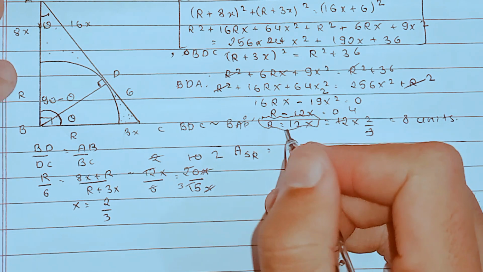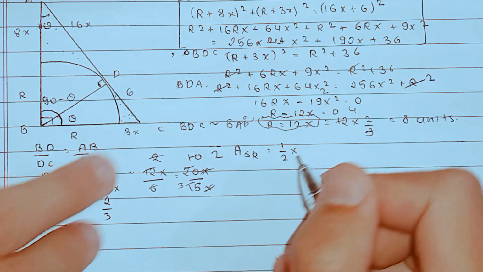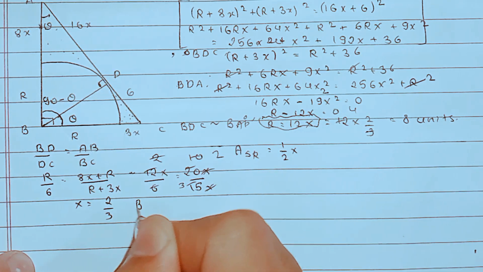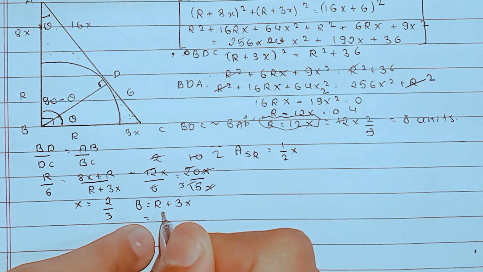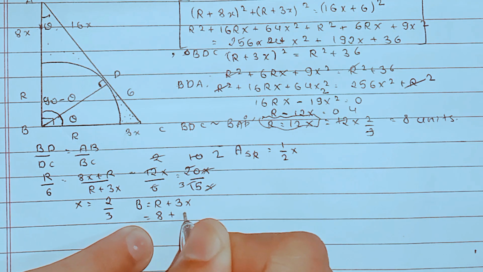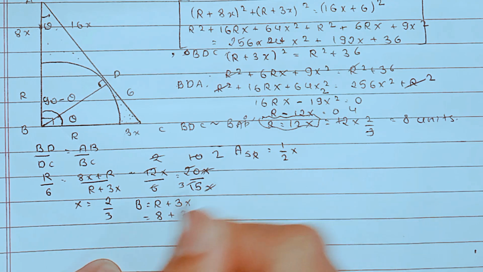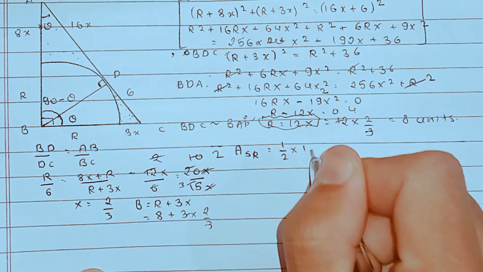The area of this triangle is 1 by 2 base into height.